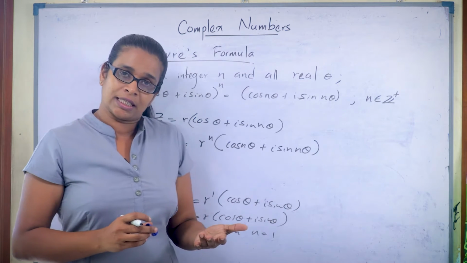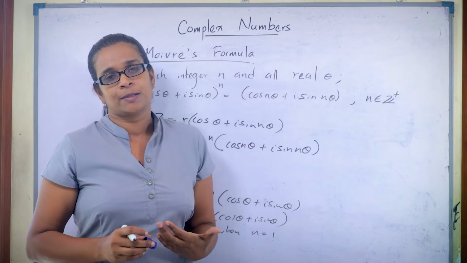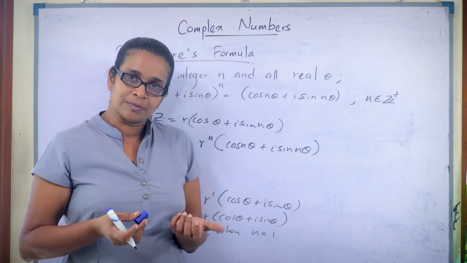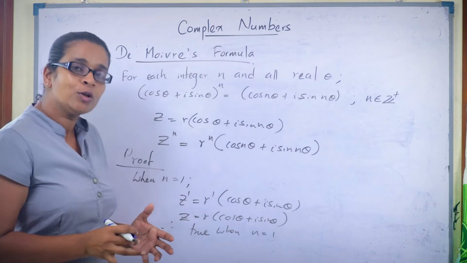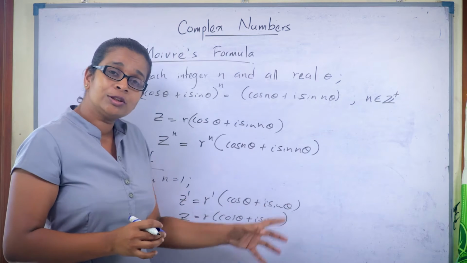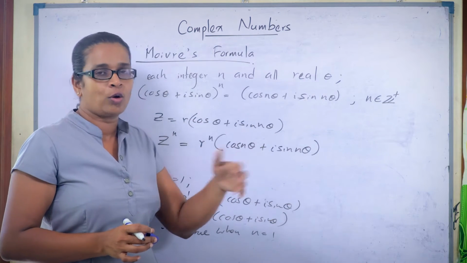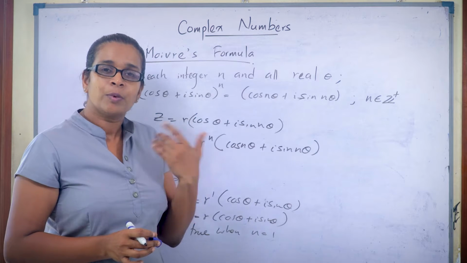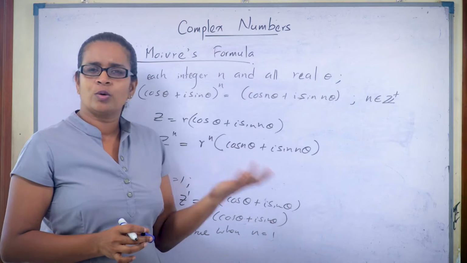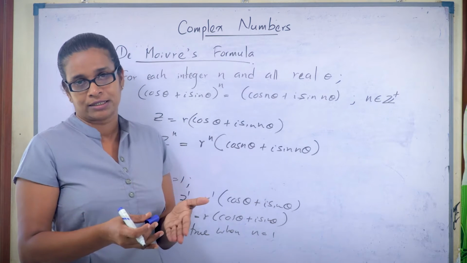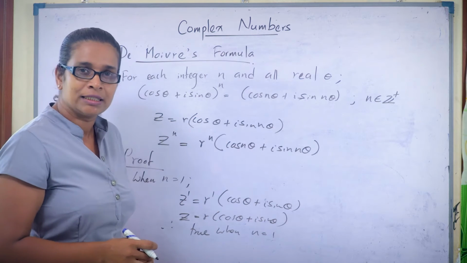In the next step, you are going to make the induction assumption. We are going to assume that this result is true for n equal to k, or n equal to p. It's a positive integer again, k or p you can use. That is your second step.